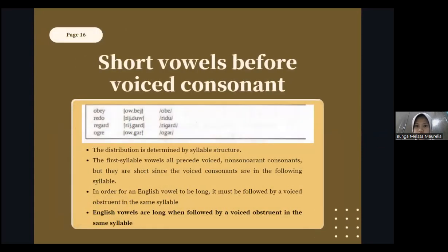Short vowels before voiced consonants: the distribution is determined by syllable structure, and the first syllable vowels are followed by voiced non-sonorant consonants, but they are short since the voiced consonants are in the following syllable. In order for an English vowel to be long, it must be followed by a voiced obstruent in the same syllable. Or we can say that English vowels are long when followed by a voiced obstruent in the same syllable.